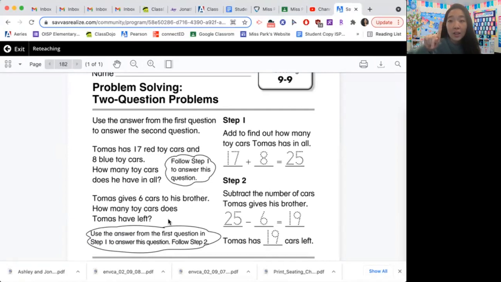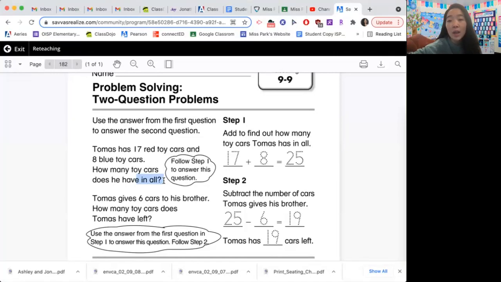You have to answer part 1 first, and then you can answer part 2. Follow step 1 to answer this part of the question. He has 17 red cars and 8 blue toy cars. We need to find out how many he has in all. Because we're doing in all, we need to add.